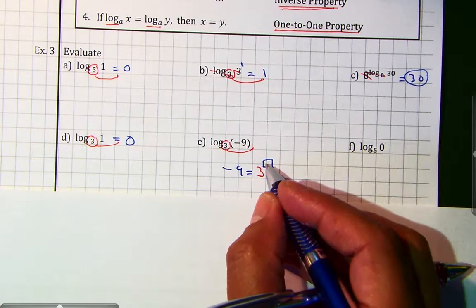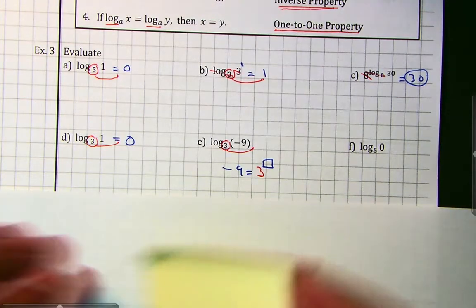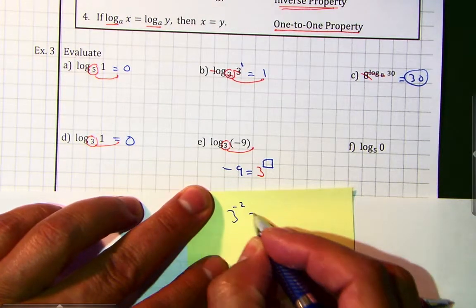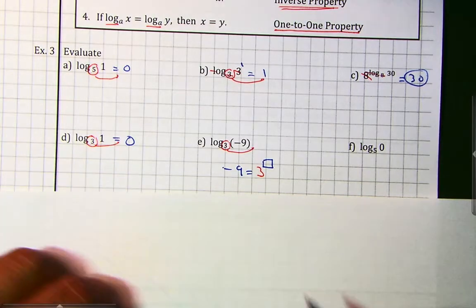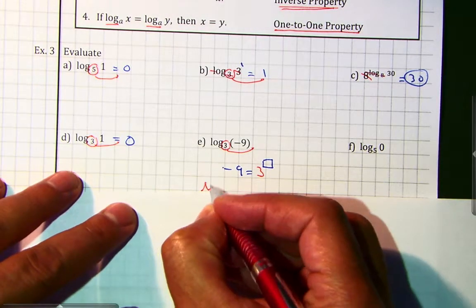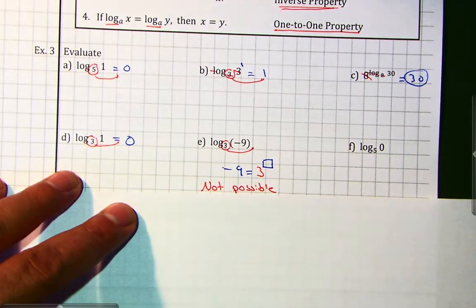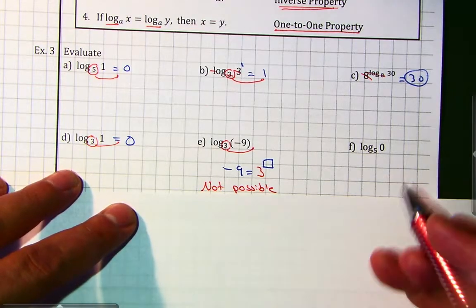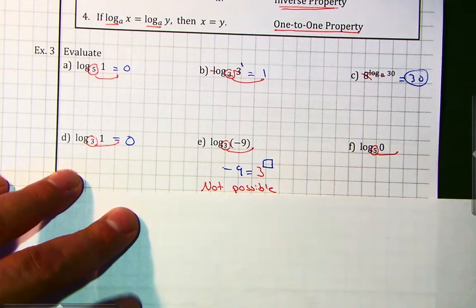Is it negative 2? No, because if it's negative 2, we know that 3 to the negative 2 is 1 over 9. It's not negative 9. So not possible. Do you agree? Let's try the next one. 5 to what exponent gives you 0?